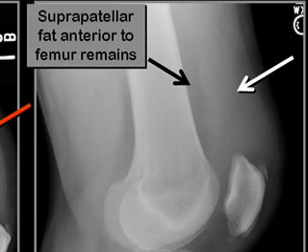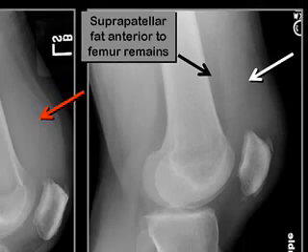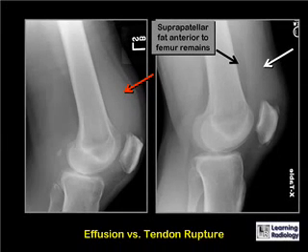On the right, the suprapatellar fat space, in the case of the ruptured quadriceps tendon, tends to remain clear. The bulk of the soft tissue density is in the region of the quadriceps tendon, and you can see that the patella is tilted forward. The two of them do resemble each other.